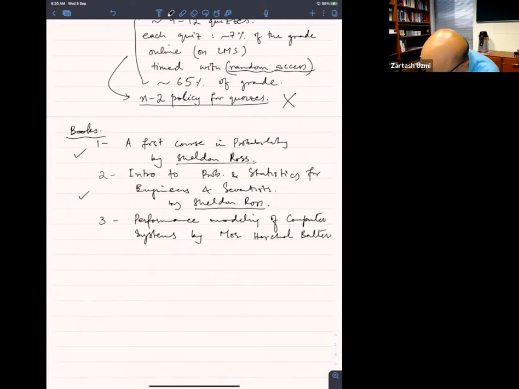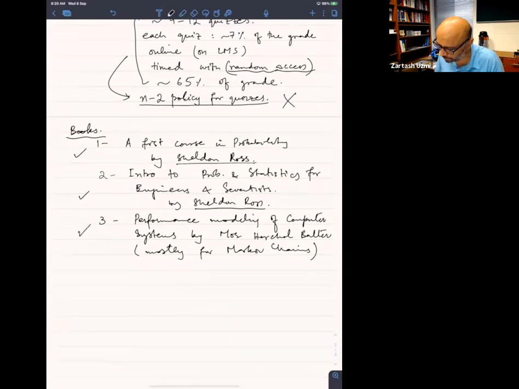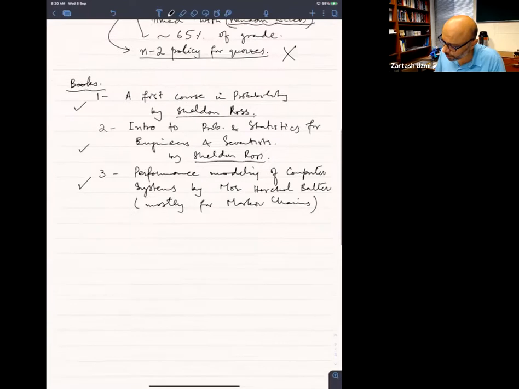And this book will be used mostly for Markov chains that we will cover in the last part of the course. Last 10 to 20% of the course will be about Markov chains, and this book will be very useful for that. Okay.